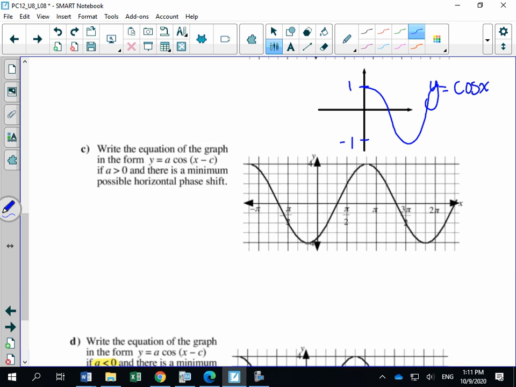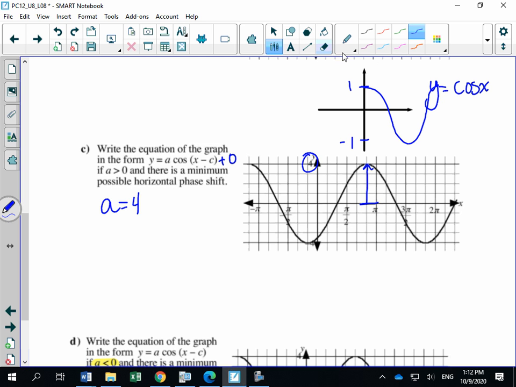Sine graph always starts at 0, cos graph always starts at 1. On this graph here, the midline would be 0, okay? So the amplitude of this graph from the midline to get to the peak would be 4 units. So A would be 4.